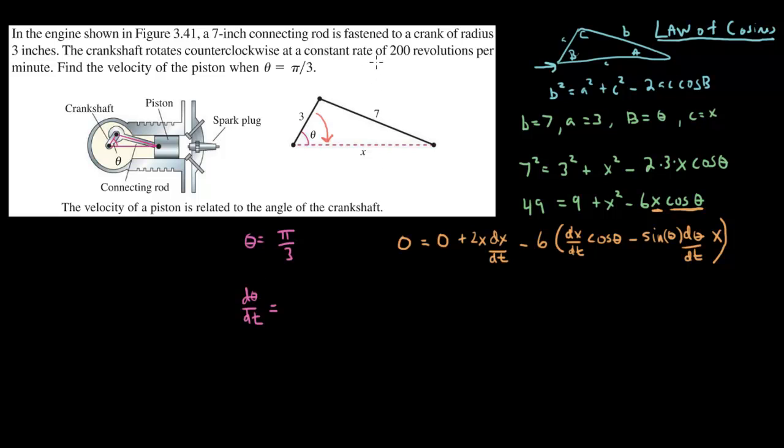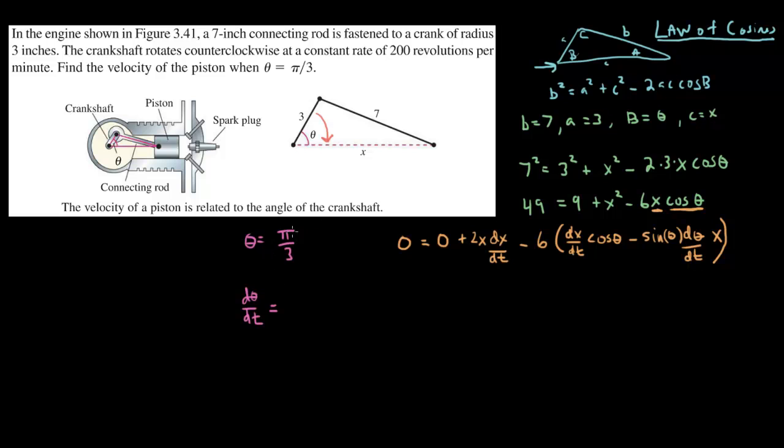Now, we're told that it's rotating at 200 revolutions per minute. So what's that rate in terms of radians? If it's going around a circle 200 times per minute, how many radians is that changing per minute? How many radians are in a circle?